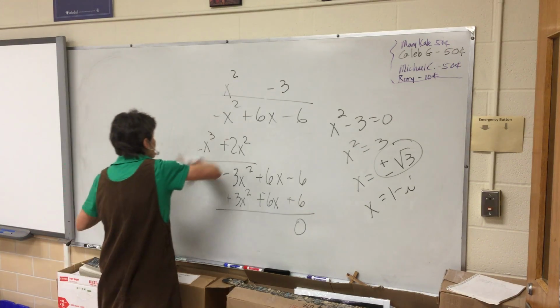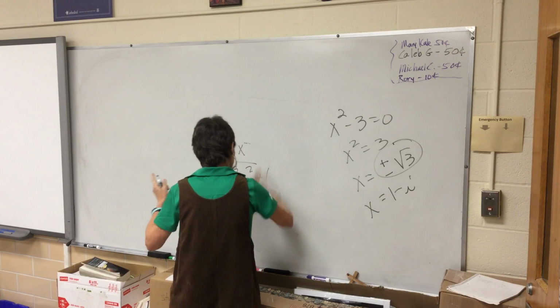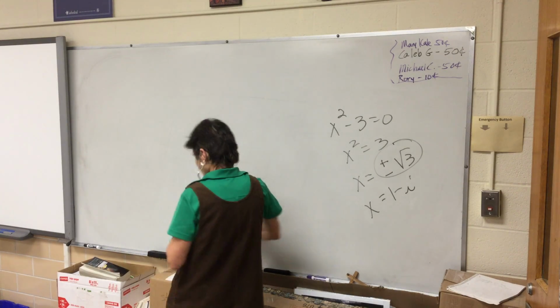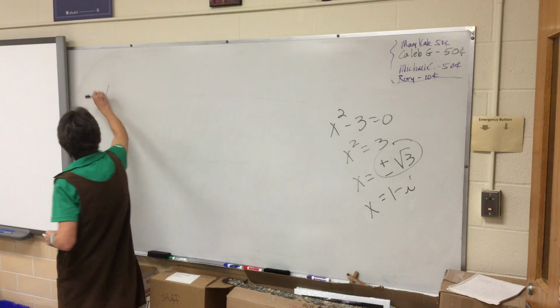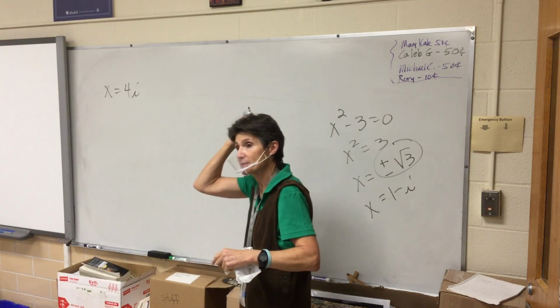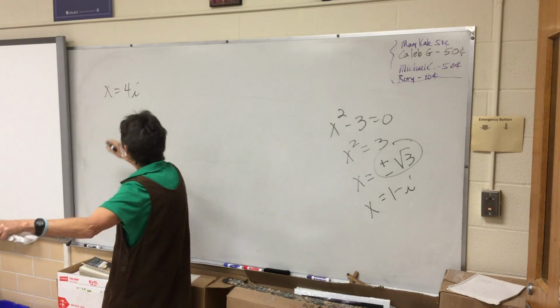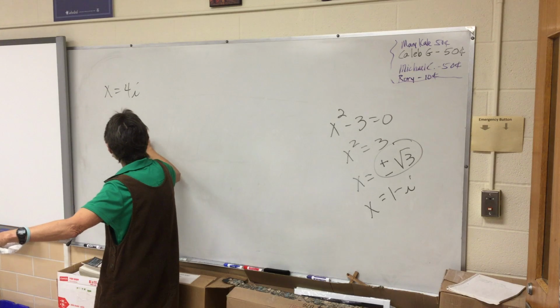This one's going to be easier actually. You tell me, what's the first thing you recognize when you are told that x equals 4i is a root? X minus 4i. Okay, so x minus 4i is the factor.